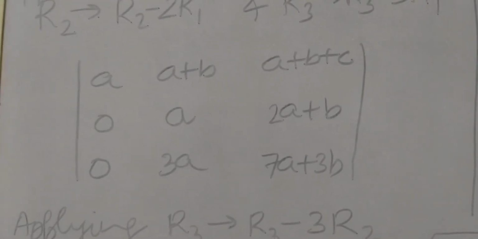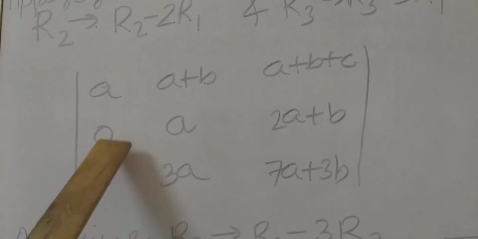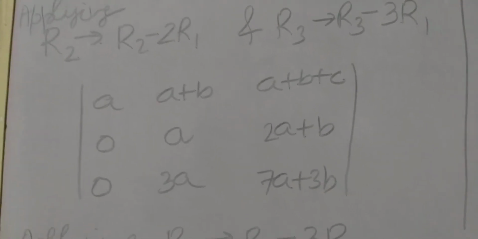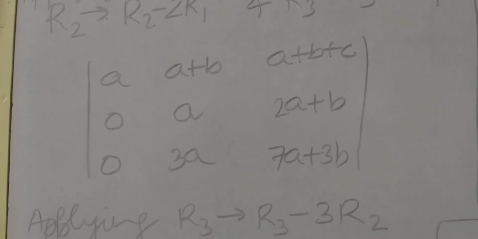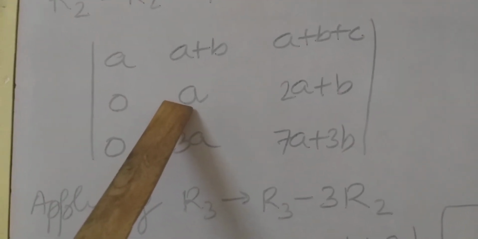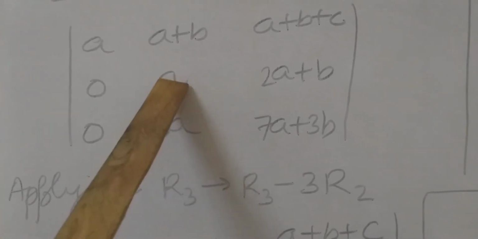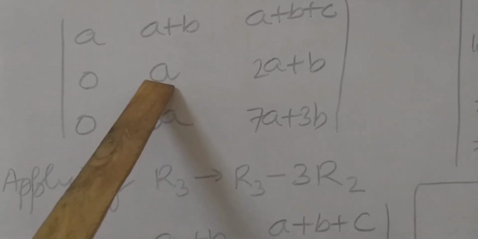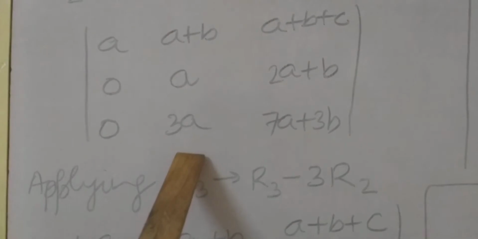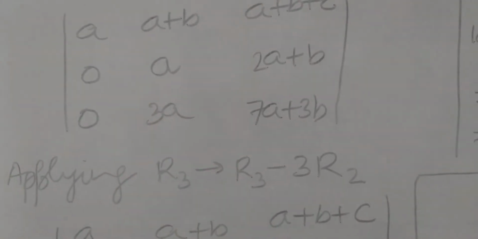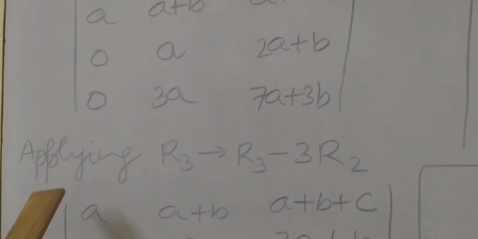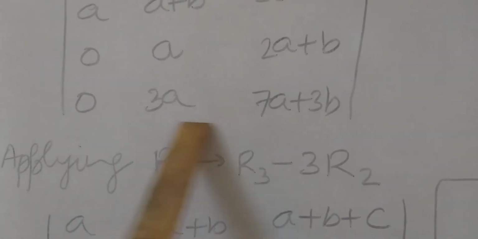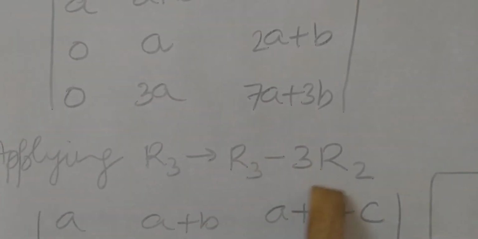You can see we have got two zeros here. Now, if I subtract thrice of R2 from R3, then we can get 0 here. So I am going to apply R3 tends to R3 minus thrice of R2.